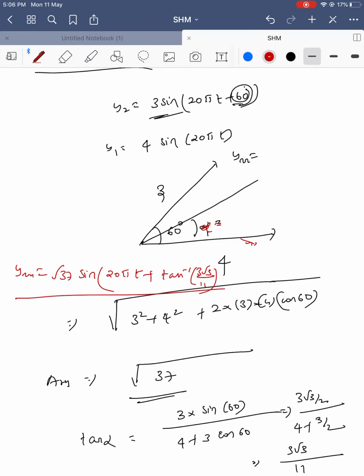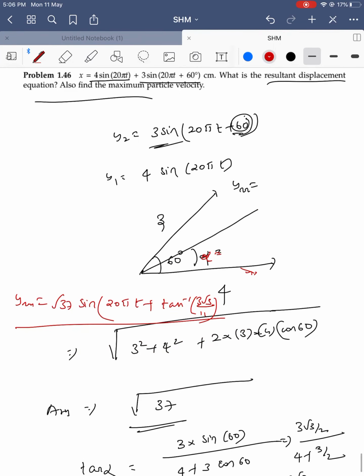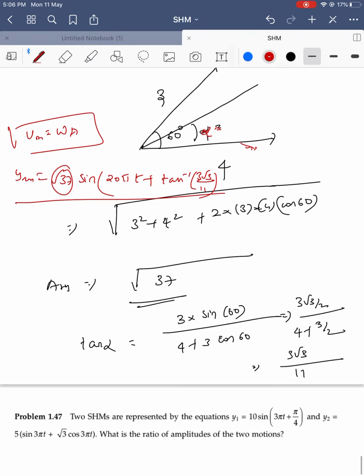This is the displacement equation. To get the maximum particle velocity, v is equal to omega into a. That's all. So this is omega into a.